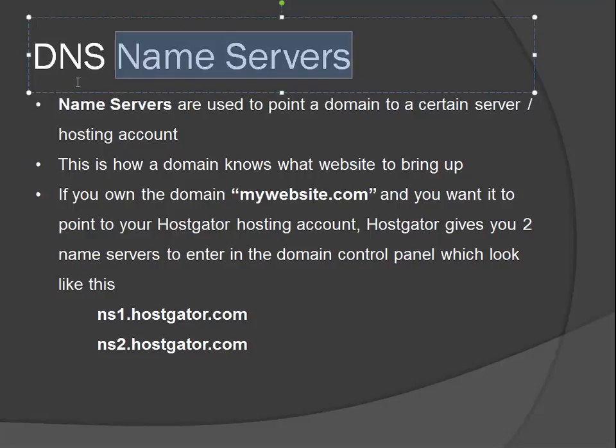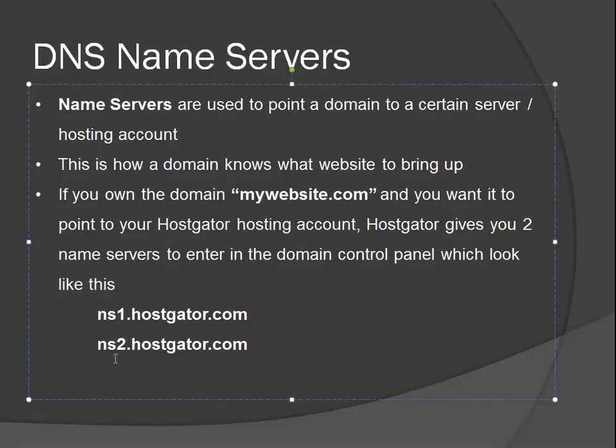Then you would add HostGator's name servers, and they will look like this. These actually are HostGator's name servers: ns1.hostgator.com and ns2.hostgator.com. Typically there'll always be 2 name servers. And later on I'll actually log into my domain control panel and show you this, where you can change this.